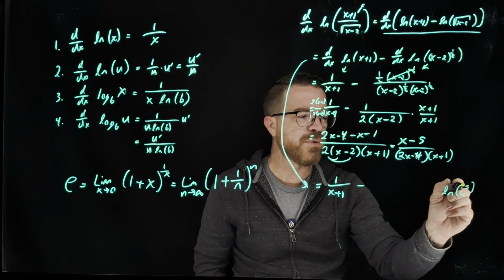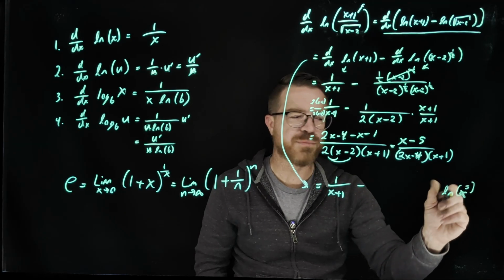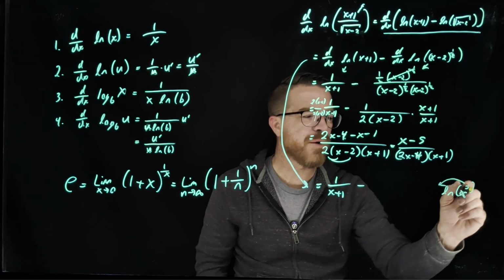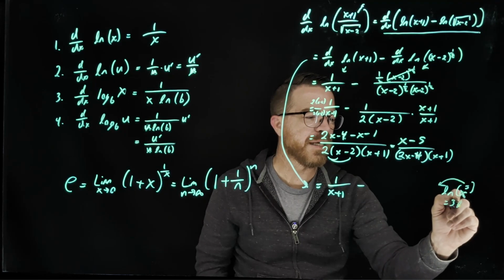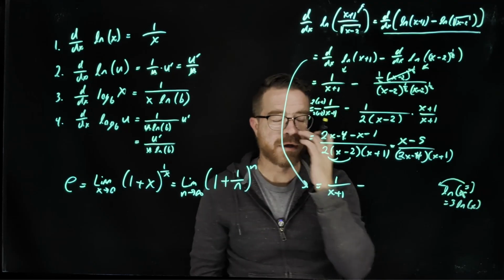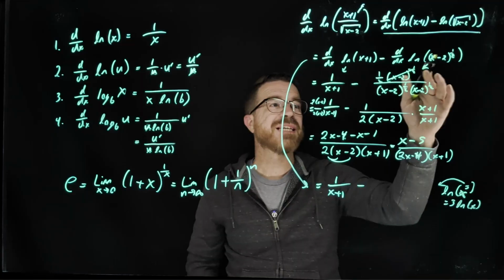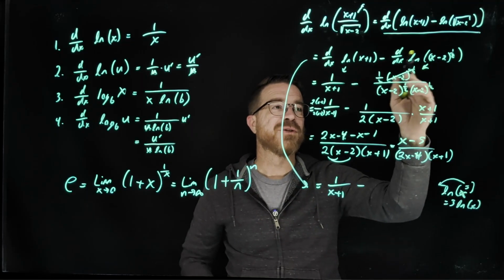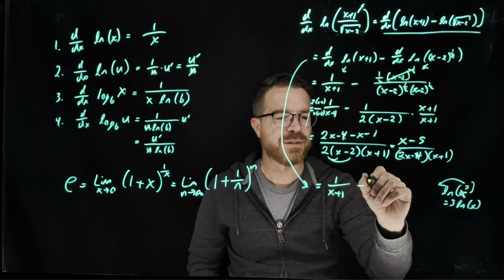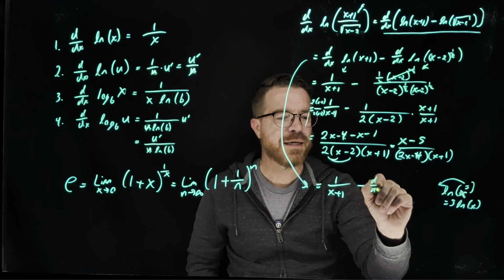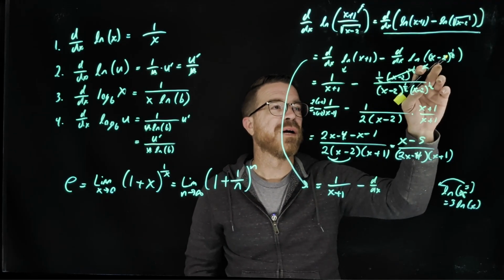Actually, let's just make it x, just make it simple. You can actually pull this cube out, and this becomes 3 natural log of x. So what we're going to do in this case is take the derivative of, so let's rewrite this, d/dx of, where am I at?